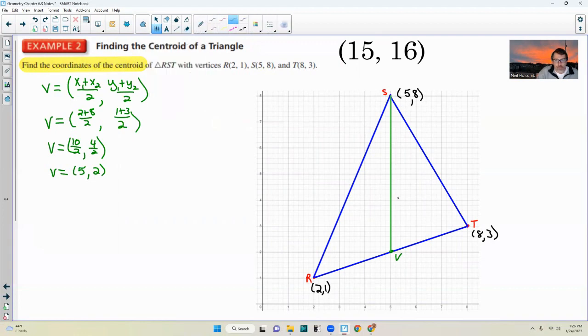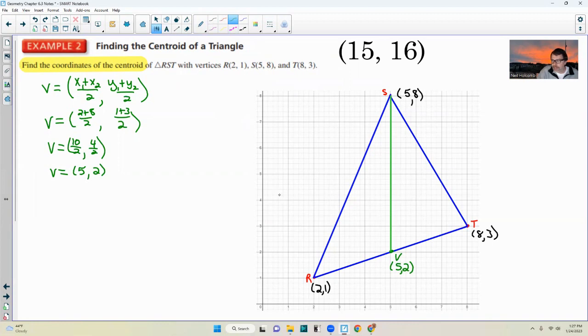All right, so remember the centroid is 2/3 of the way along. So I want to find the distance of this segment. V is at the point (5, 2), so I should label that. Now I have (5, 8) and (5, 2). The x's are the same, so it's a vertical line.